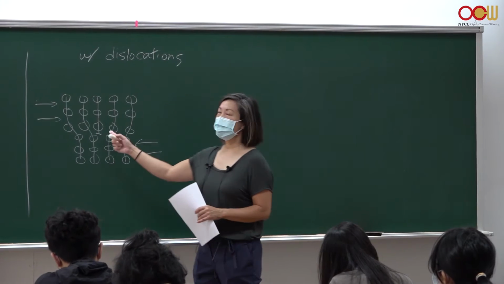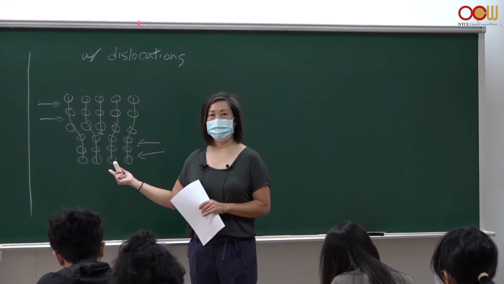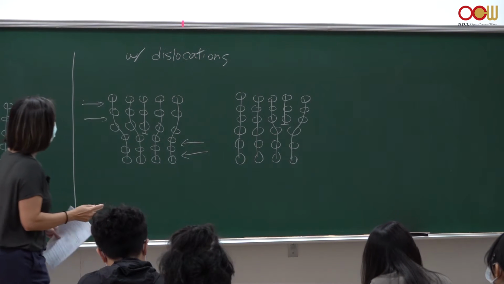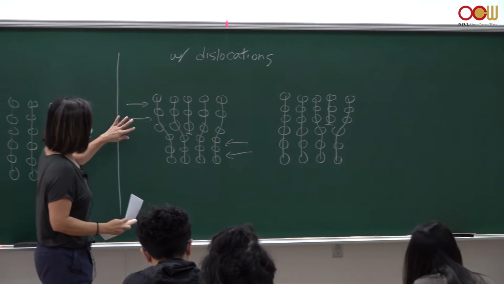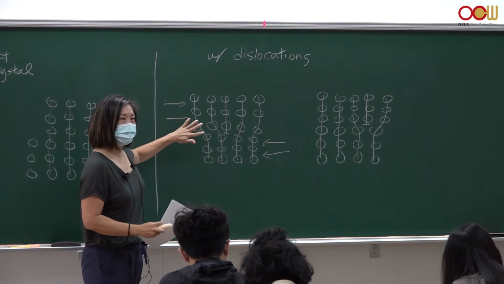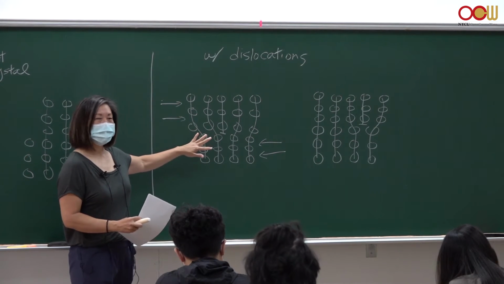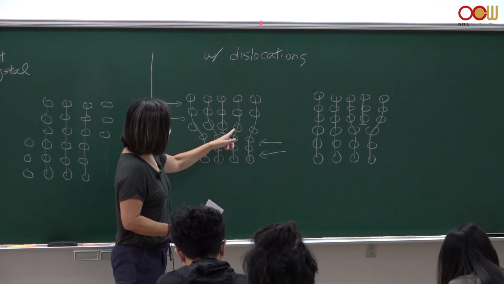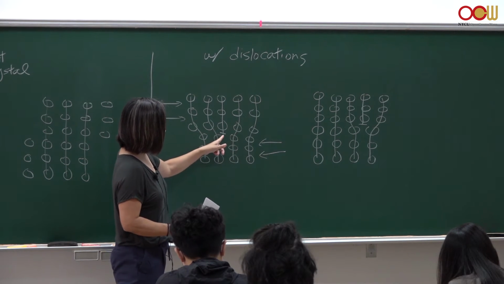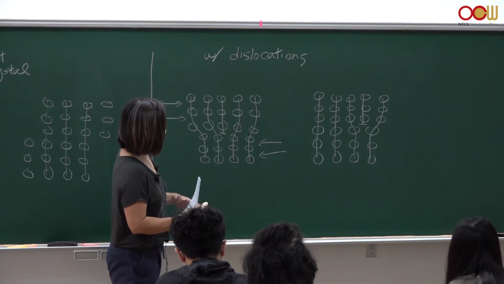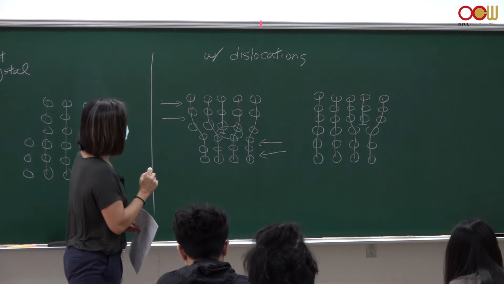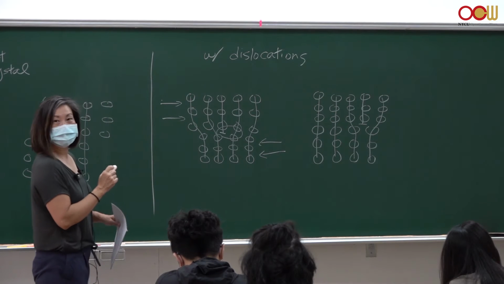But the dislocation is going to help me. How is it going to help me? Okay, so I'm pushing this top part, and what will happen is that at my dislocation the bonds will break and reform. And so in this case, I only have to break 1 bond and reform 1 bond, right?